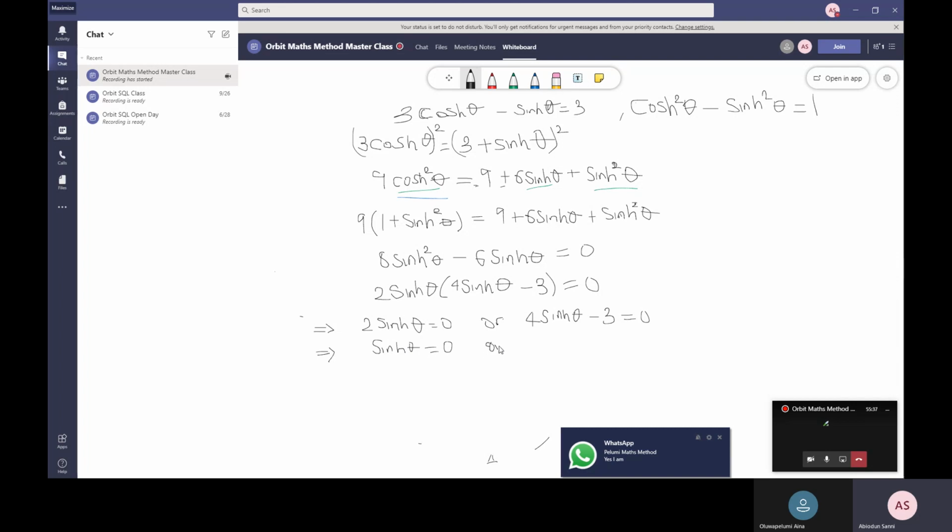Or sin theta is equal to 3 over 4, right? So your theta here is going to be arc sin 0. You can use your calculator to find this. Arc sin 0 is actually 0.